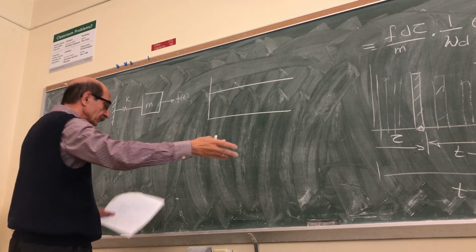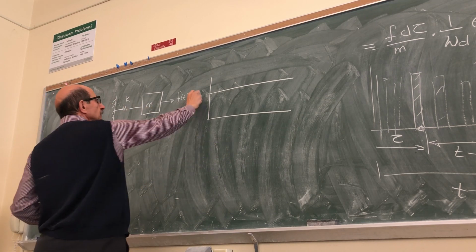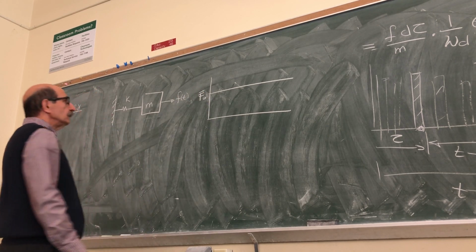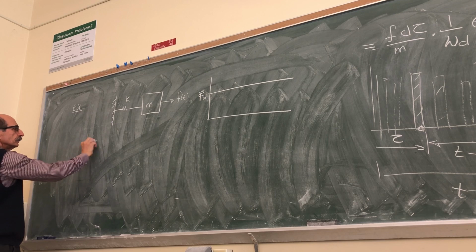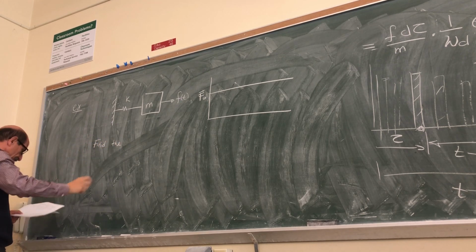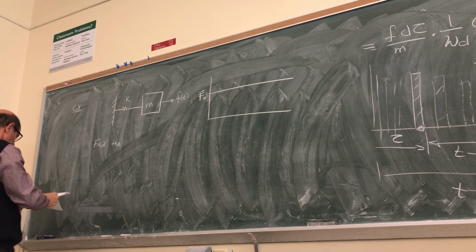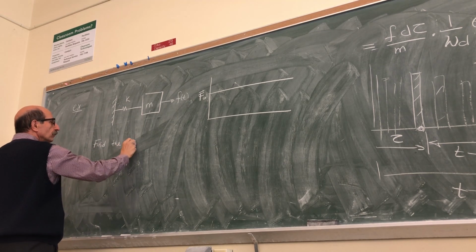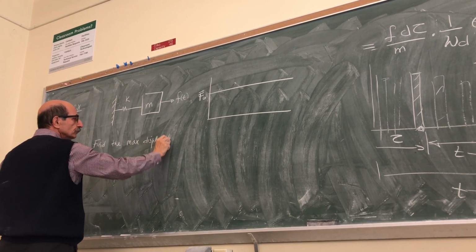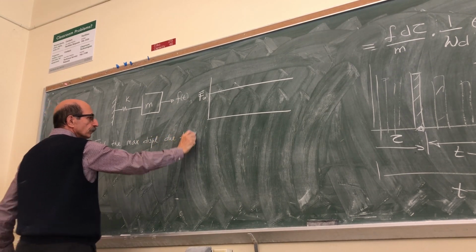Impact is different from blast load, okay? So the magnitude of this I call F bar. So we want to find the maximum response, or the maximum displacement due to this load.